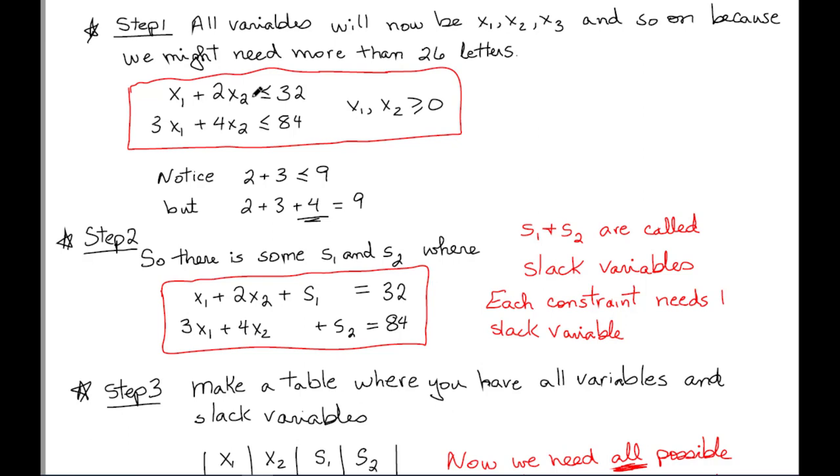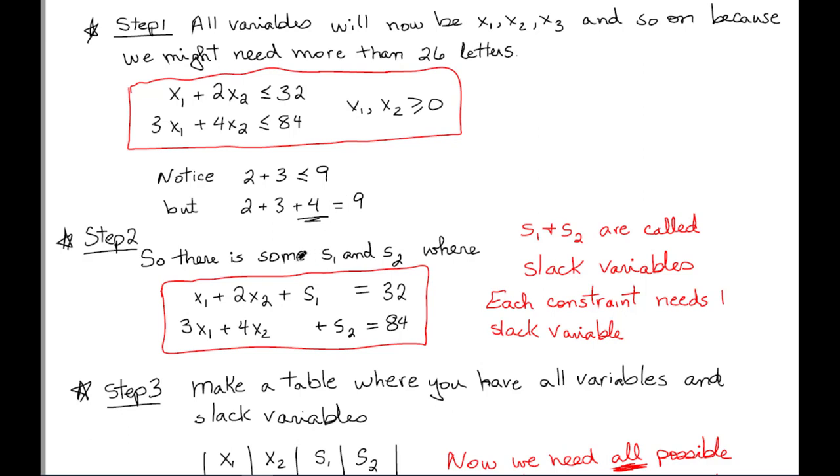Now, I have a sum of two things and it's less than or equal to 32. So you have to ask yourself, okay, if I add these two things and it's smaller than 32, then seemingly if I added something more, I could make it equal.